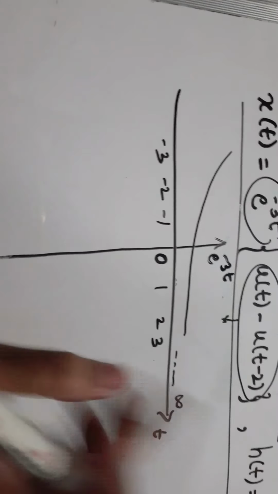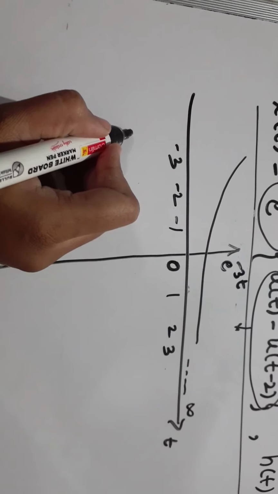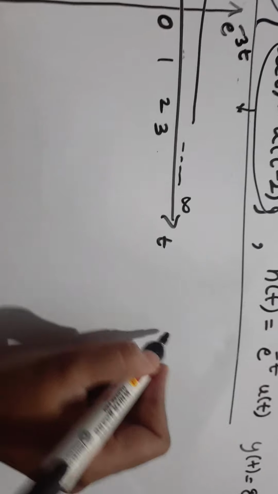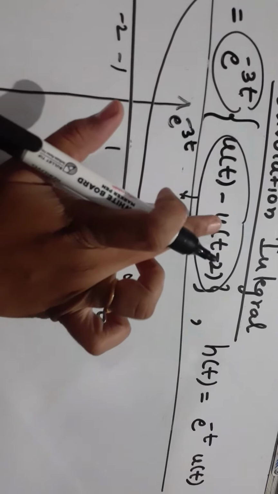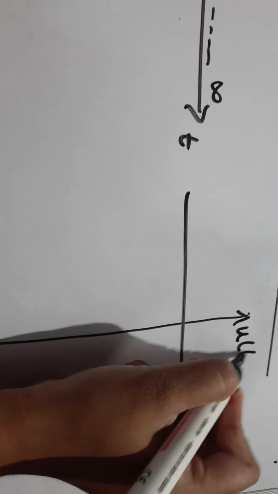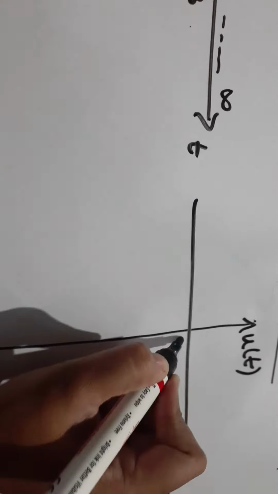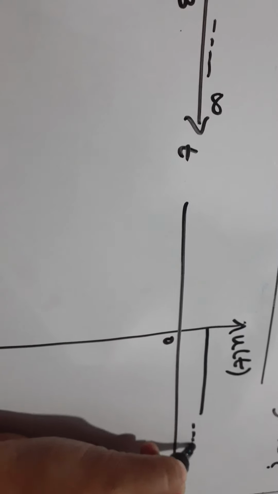Then moving to the second signal, u of t minus u of t minus 2. This is u of t.